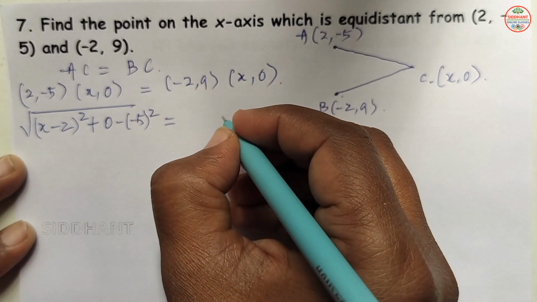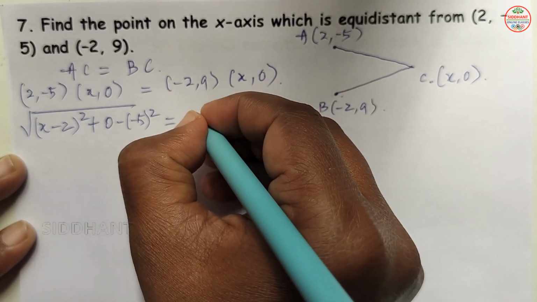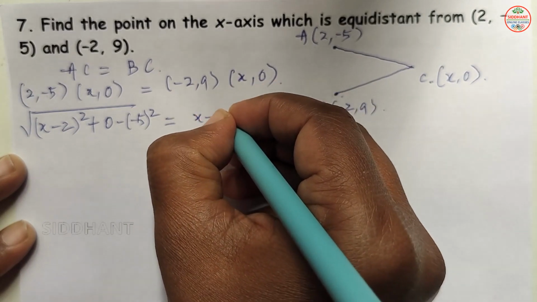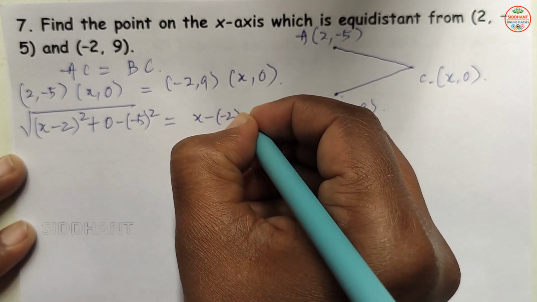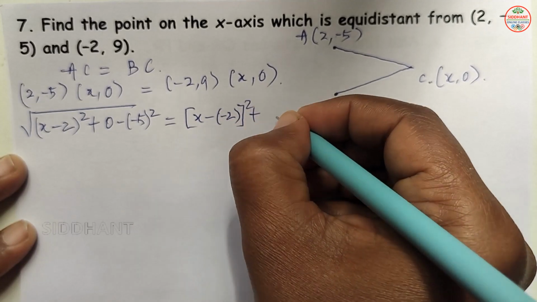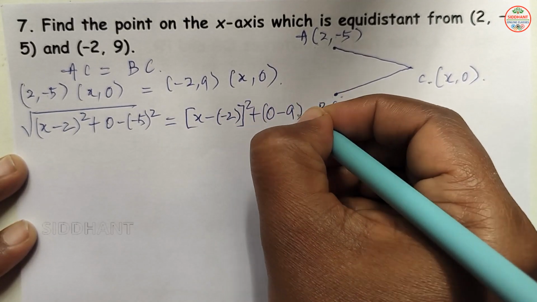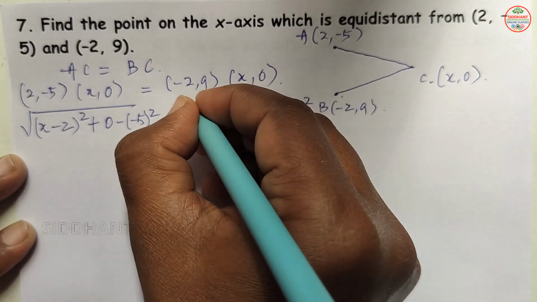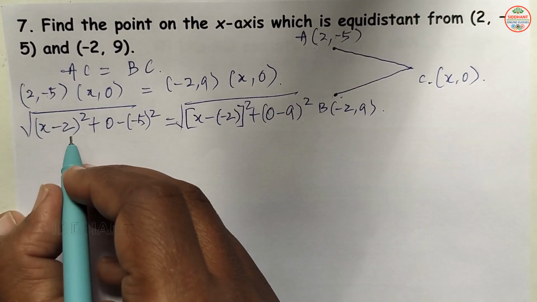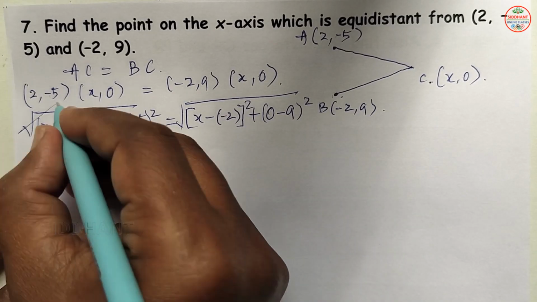Next we are going to see BC, which is (x minus -2) whole square plus (0 minus 9) whole square, in the square root.